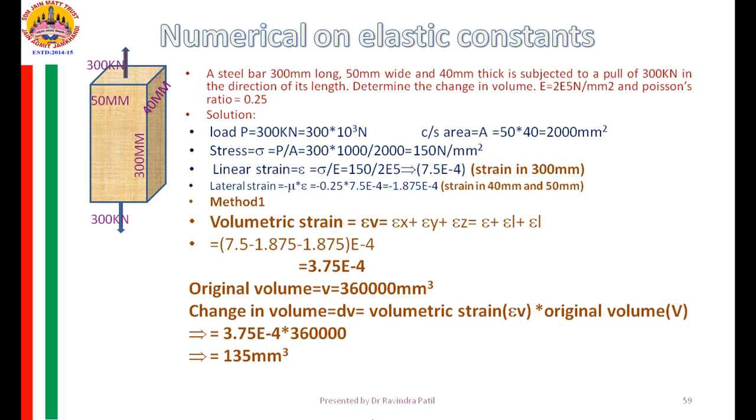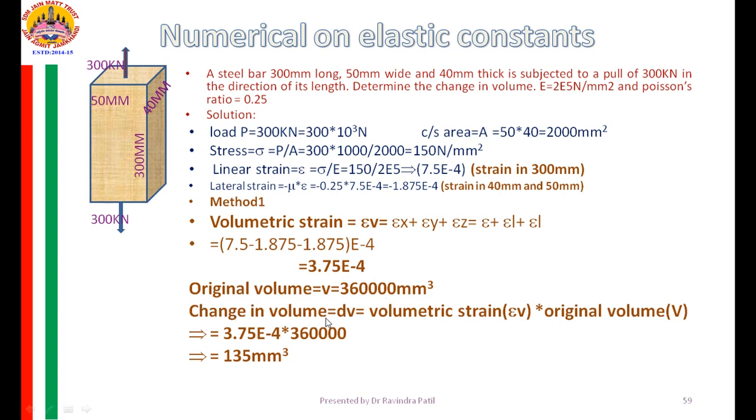Original volume is just the product of these numbers, LBD, 50 by 40 by 300 mm. Now volumetric strain is sum of the strains in x direction, y direction and z direction. Therefore, the volumetric strain is 3.75 × 10 to the power minus 4.